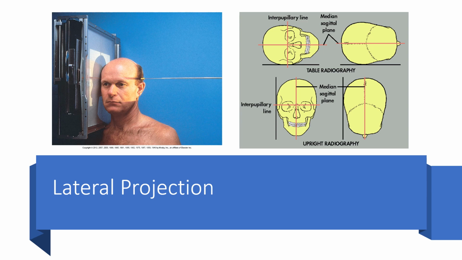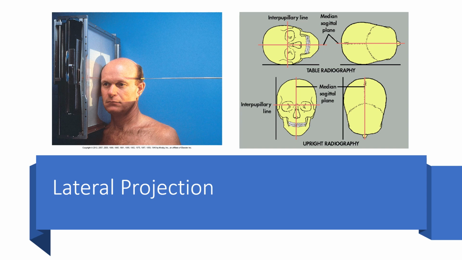And so the way that you do this is you have the patient's torso, their shoulders, and their hips at a 45-degree oblique, kind of like you were going to do an anterior oblique of the C-spine, but then turn their head into a lateral posture with the mid-sagittal plane of their head oriented parallel to the image receptor.